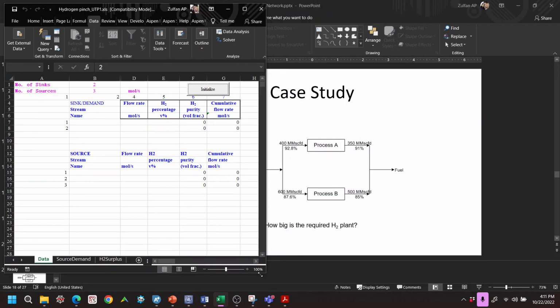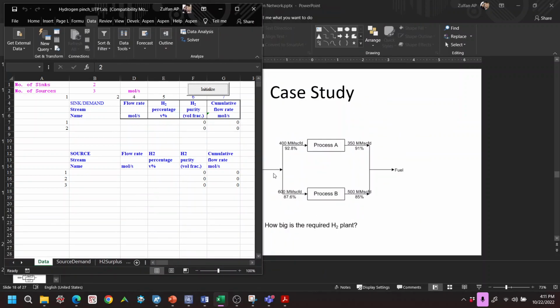And then we don't know how pure this concentration of hydrogen is, but we can say it's a hydrogen plant, so it's 99%, for example. And then you can put one hydrogen plant, then process A, then process B. Copy, so lazy, paste.